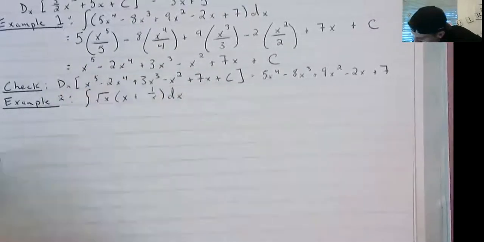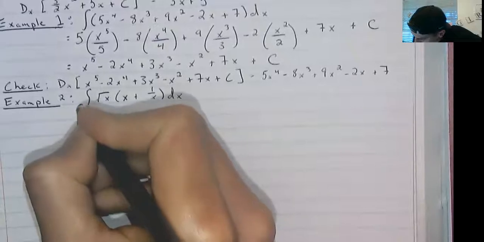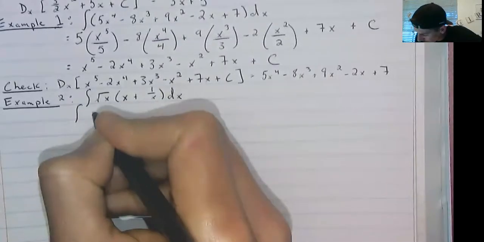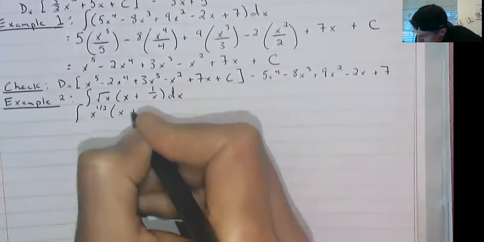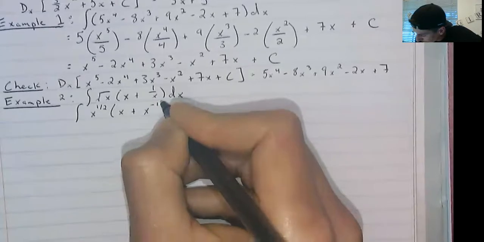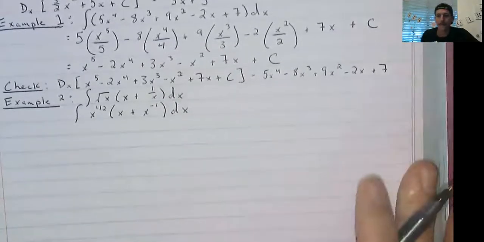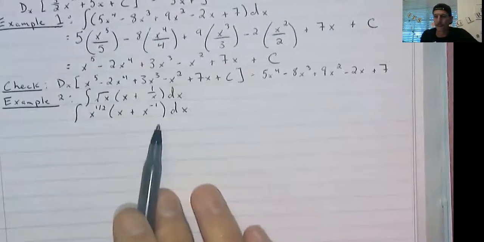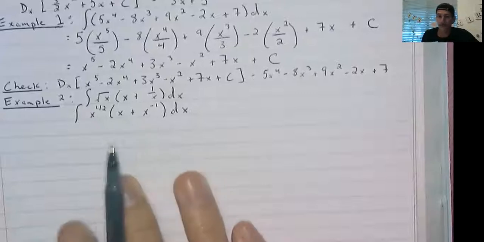This is going to be the antiderivative, not of the square root, but now of x to the 1/2 times x plus not 1 over x, but x to the -1. Okay, but there's still a product in here, and that should kind of worry us because we haven't really talked about product rule or anything.